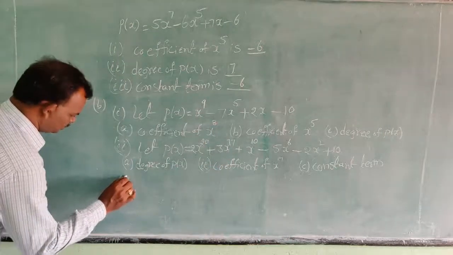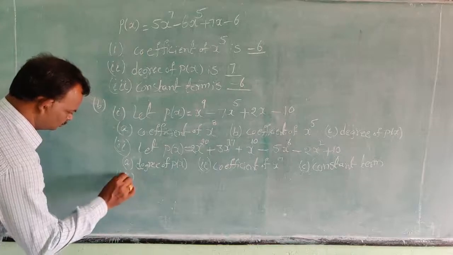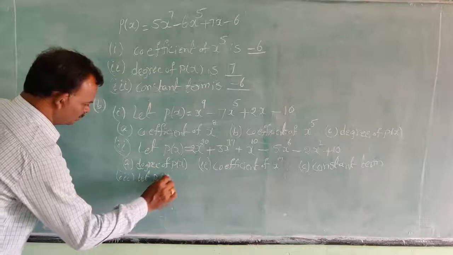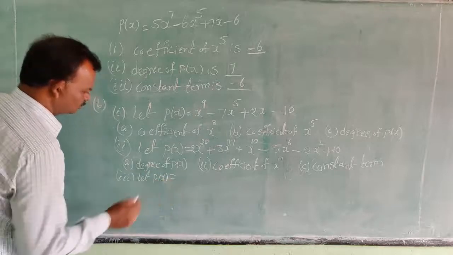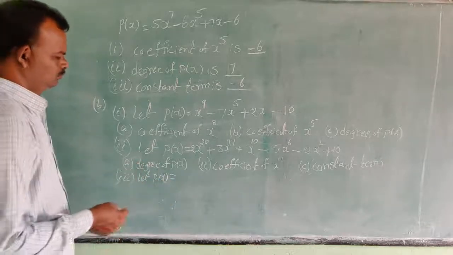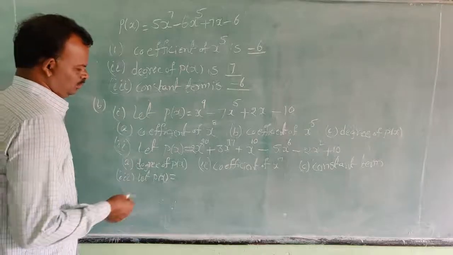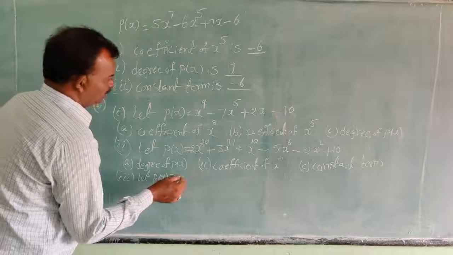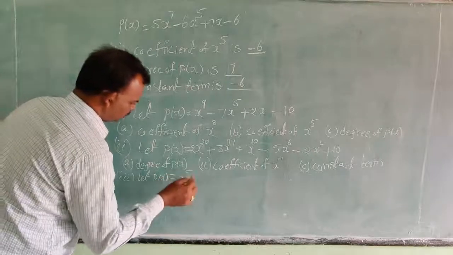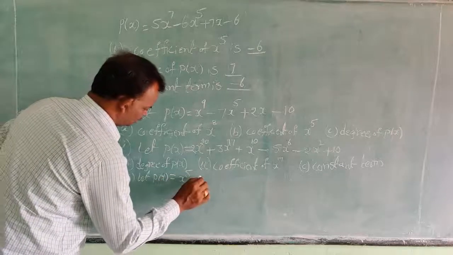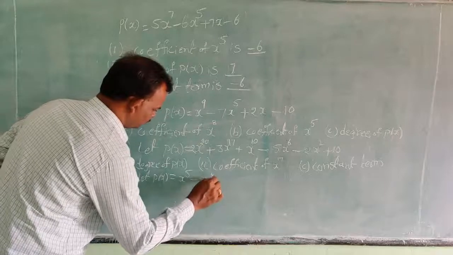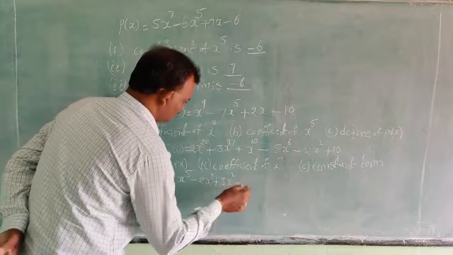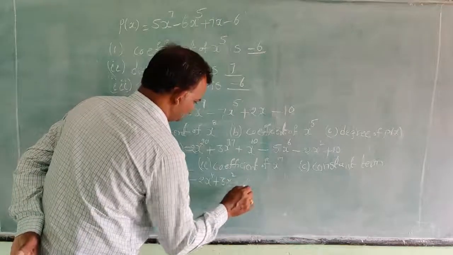And the third one: let p(x) = x^5 - 2x^4 + 3x^2 - 4.